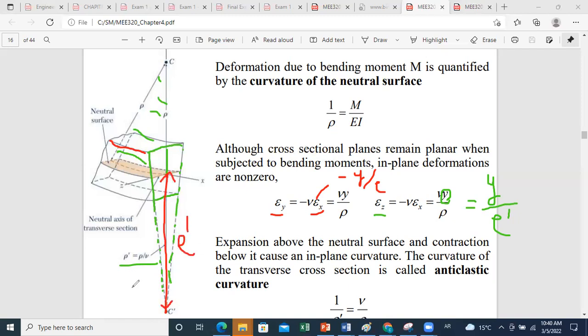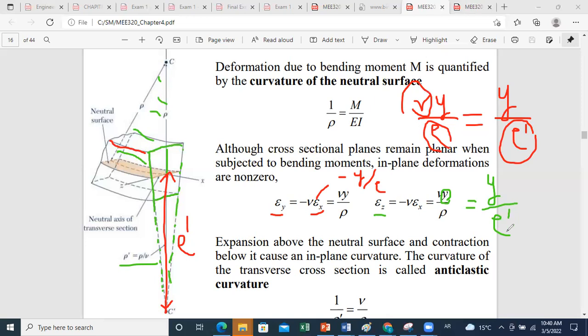And rho prime can be related to rho by just comparing these two relations. So we have that mu y over rho in the transverse section is equal to y over rho prime, which is the radius of curvature in the transverse section. So we can say then, by comparison, that rho prime is rho over the Poisson ratio.